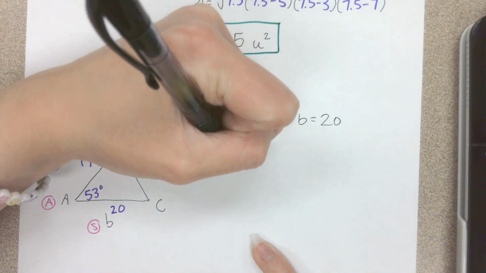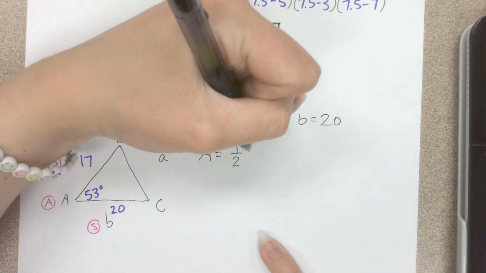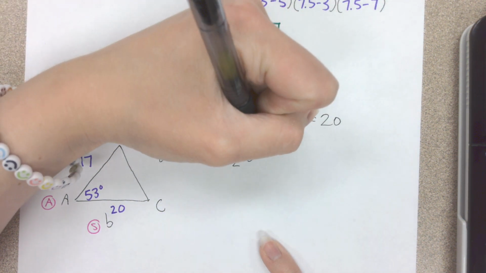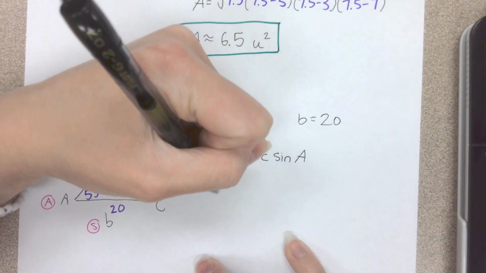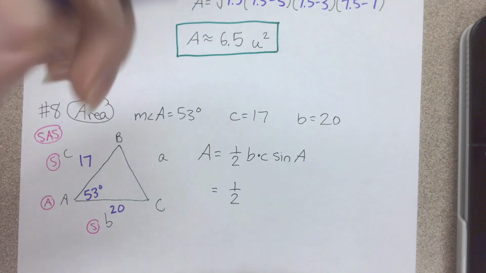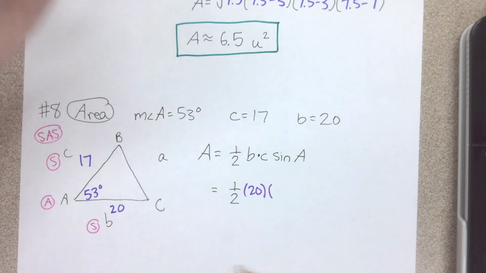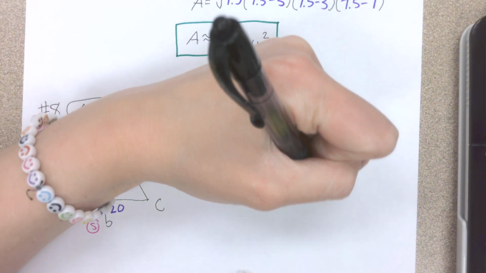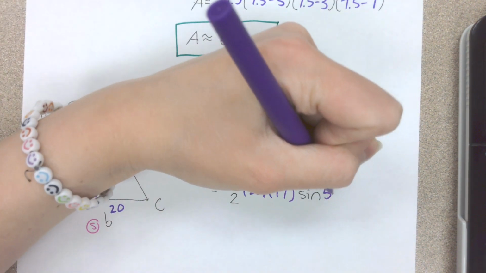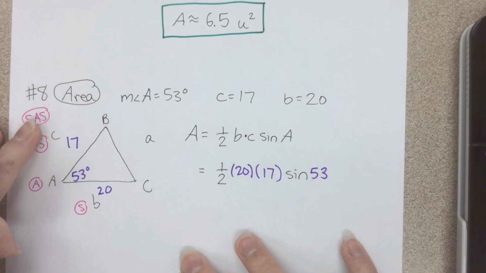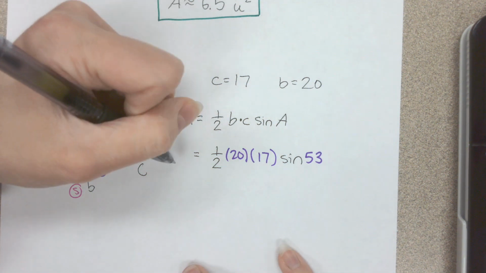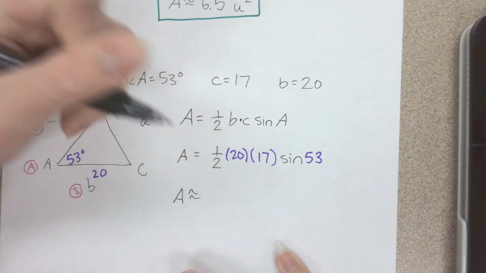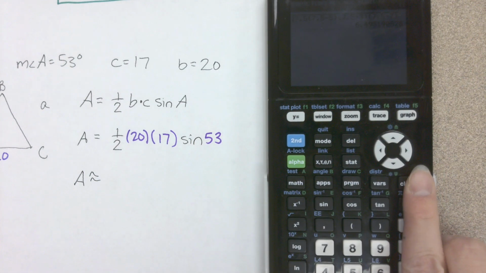A equals 1/2 B times C sine of A. 1/2, B is 20, C is 17, sine of A is 53. And then we use our calculator.